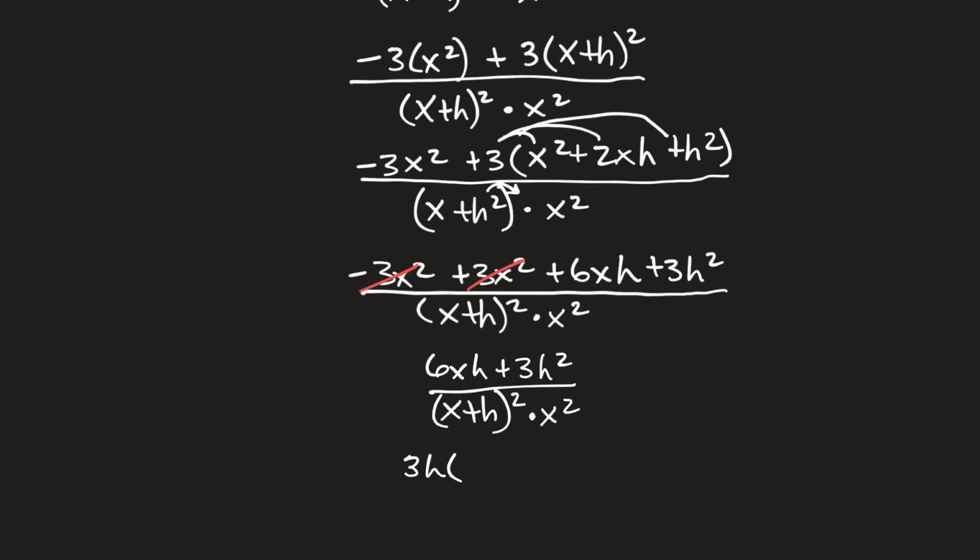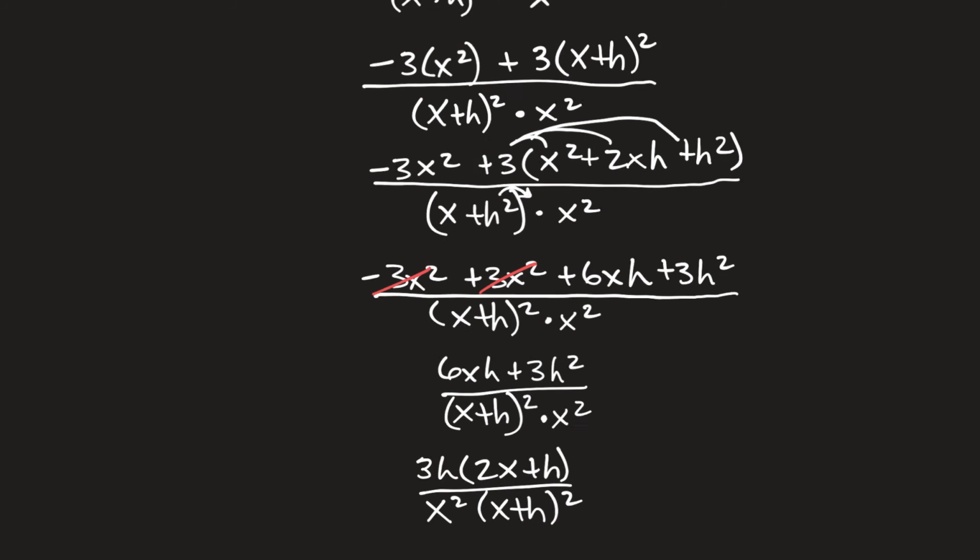That would be what? 2x plus h, all over, I'll switch this. Usually maybe the x squared would be written first, and then (x plus h) squared. And we're almost there. So there's all the numerator for that.